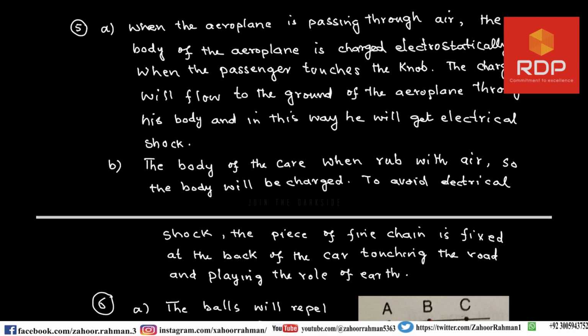The purpose of this is to neutralize the charges of the body, and as a result the passenger as well as the driver will not be shocked. So both the A and B parts are pointing to the same concept. Very technically, those chains are called danglers.